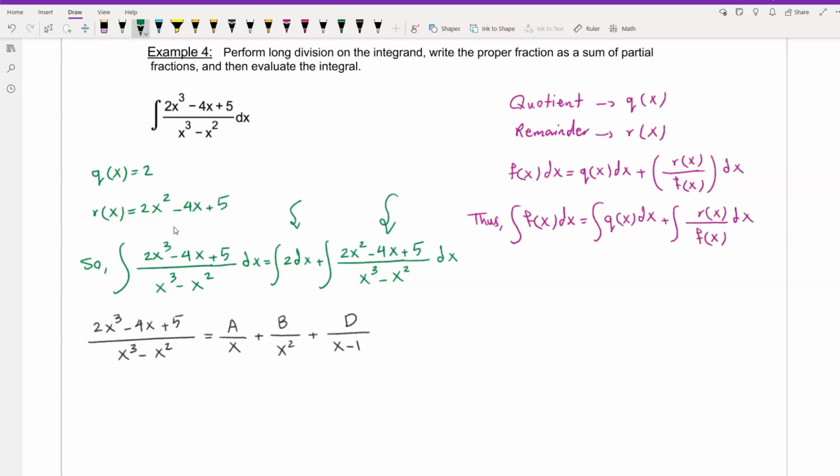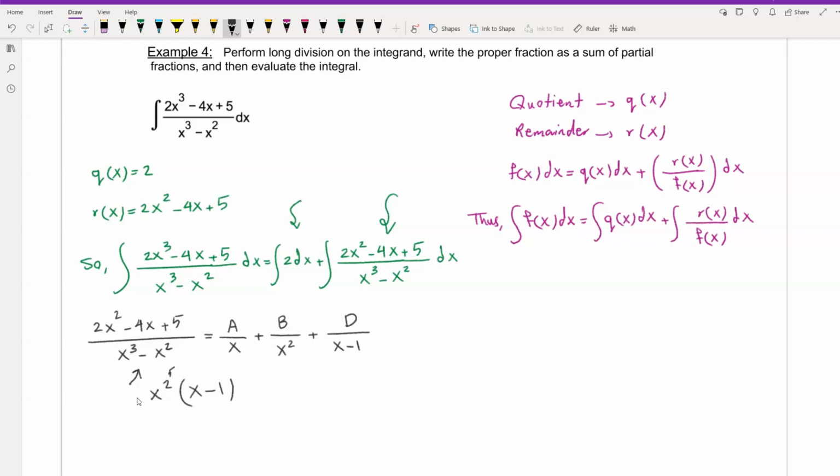Use partial fractions. So (2x squared minus 4x plus 5) over (x cubed minus x squared) is equal to, based on what we have in the denominator, x cubed minus x squared, that is x squared times (x minus 1).